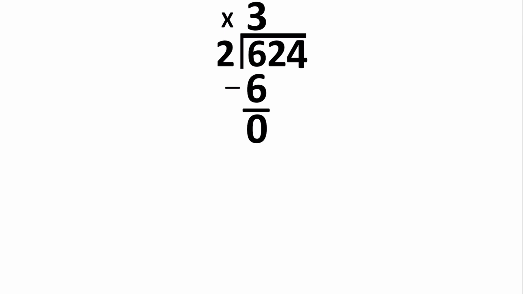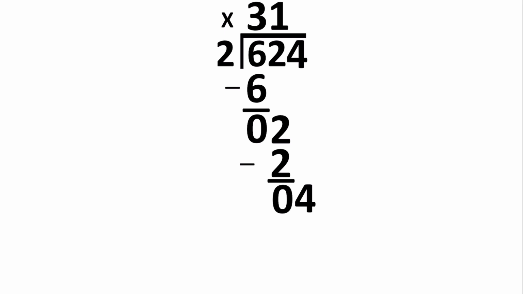Stop ignoring 2. Now we bring a copy of the 2 to the bottom and ask how many 2's will fit into 2. That's easy, 1. So 1 times 2 equals 2, and 2 minus 2 leaves a remainder of 0. Moving on. We'll bring a copy of the 4, just like what we did with the 2.